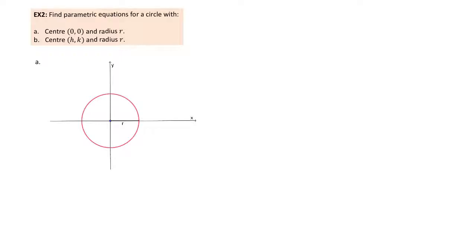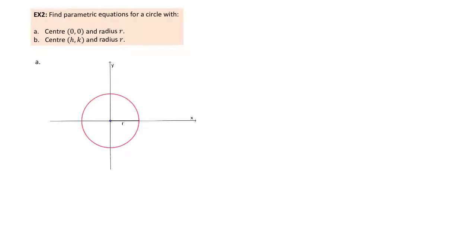Well, most of the work will be spent trying to parameterize the circle with center at the origin. So we're going to spend a lot of time trying to do A, and then B is going to follow easily from A. So let's focus our attention on A first.